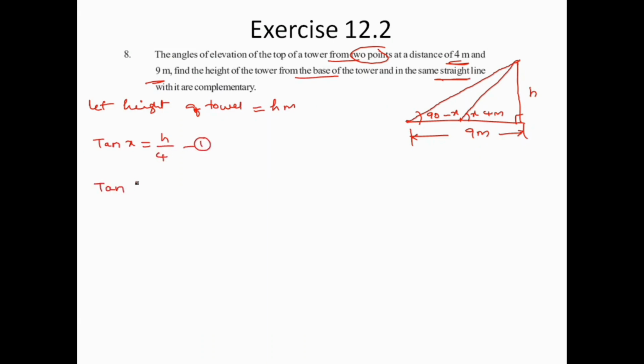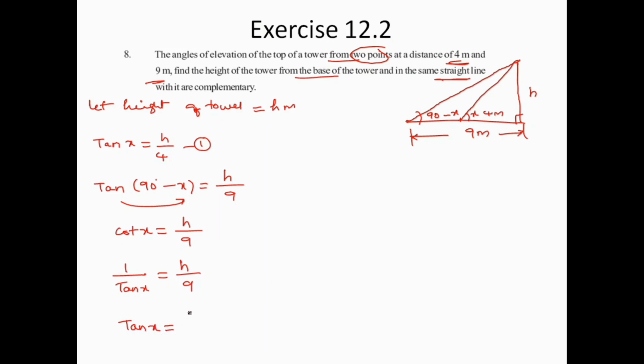Similarly, the next equation is tan of 90 minus x is equal to h by 9. Whenever I'm taking the other value, I should write it as cot x is equal to h by 9. I can write cot x as 1 by tan x is equal to h by 9. So at last I can write tan x is equal to 9 by h. So this is your equation number 2 here, right?